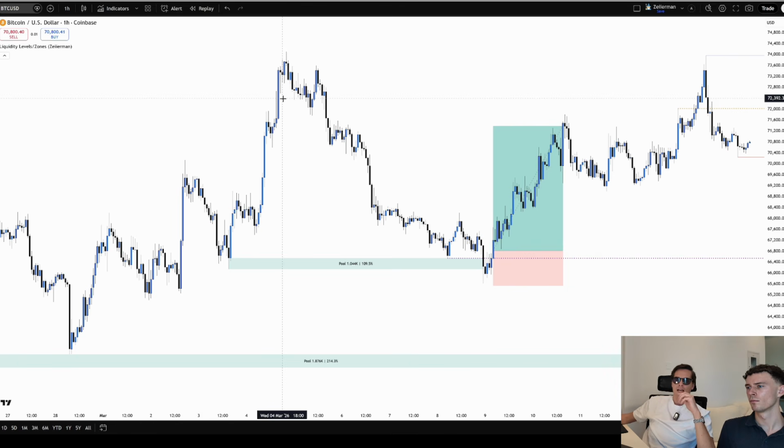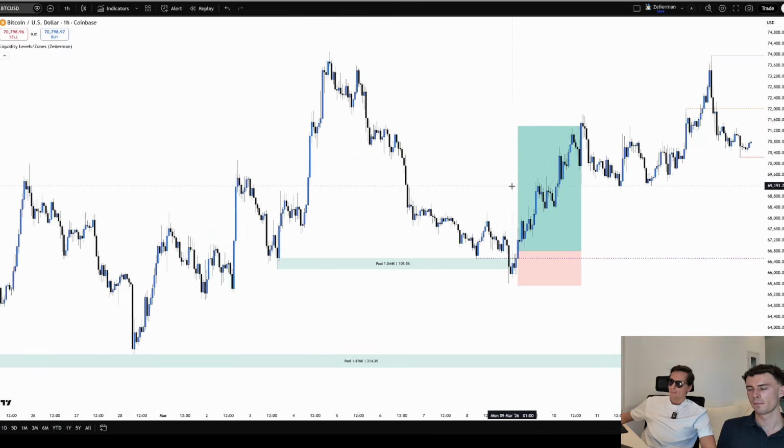The edge they have fades with this kind of huge slippage if we don't have enough liquidity at different price levels. That's why the liquidity concepts in the market work, because that's the only way they can transact higher volumes. Perfect. Sounds good.